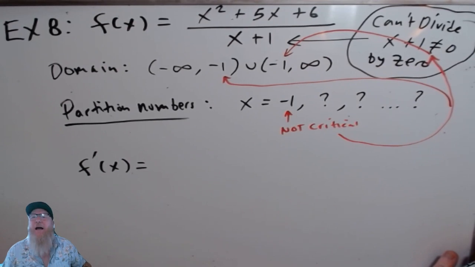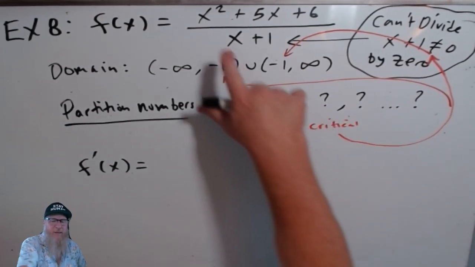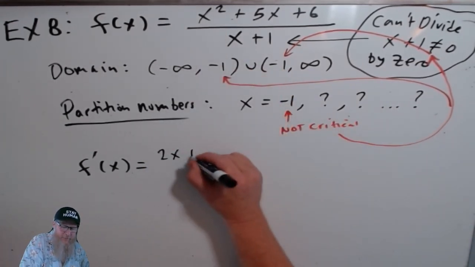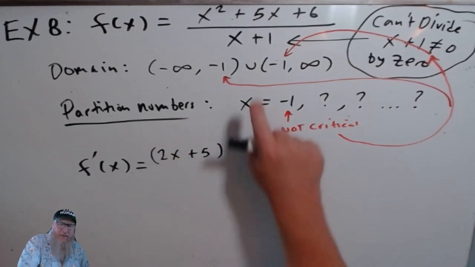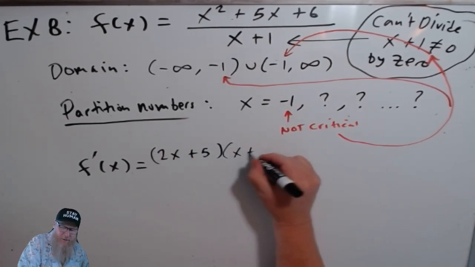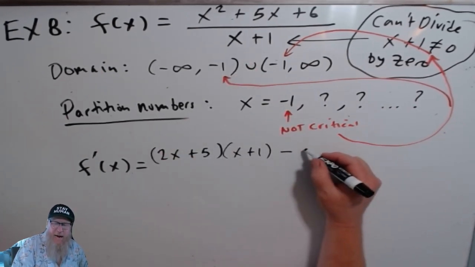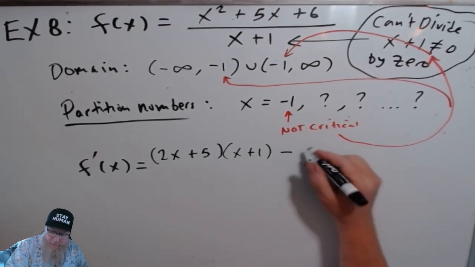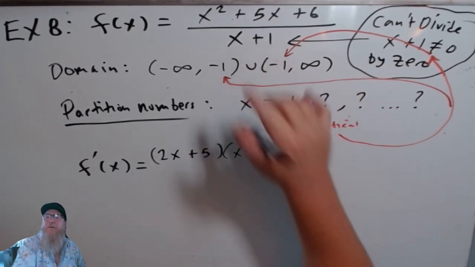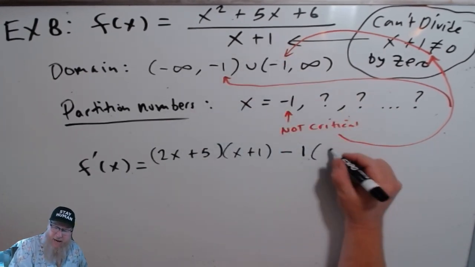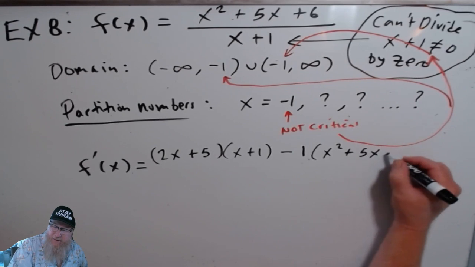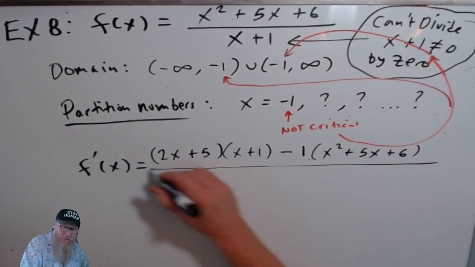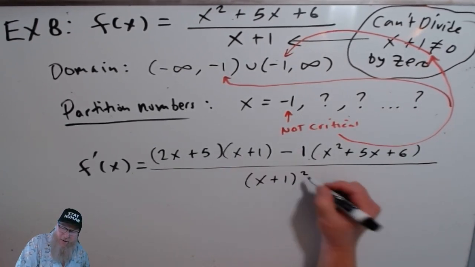So f prime of x. Quotient rule. It's been a while since we did a quotient rule. Derivative of the top, 2x plus 5, times the bottom, x plus 1, minus the derivative of the bottom, which is 1, times the top, x squared plus 5x plus 6, all over the denominator squared.